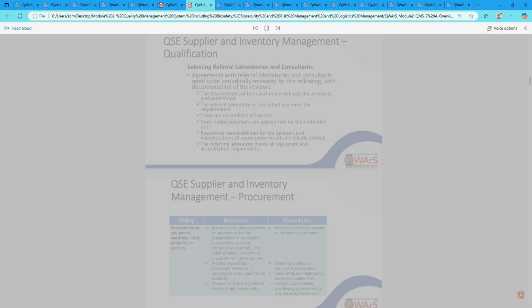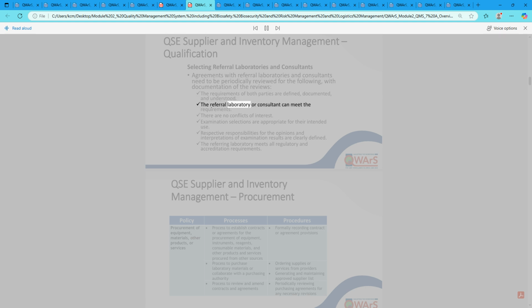QC Supplier and Inventory Management, Qualification. Selecting referral laboratories and consultants. Agreements with referral laboratories and consultants need to be periodically reviewed for the following, with documentation of the reviews. The requirements of both parties are defined, documented, and understood.